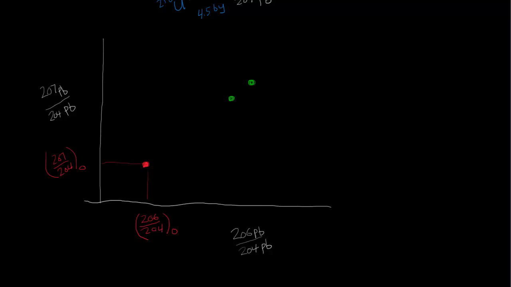And lo and behold, he then could fit an isochron curve right through these data and defined an age of 4.55 billion years. So using this method, he determined that the meteorites all formed at the same time with the same lead ratios 4.55 billion years ago.